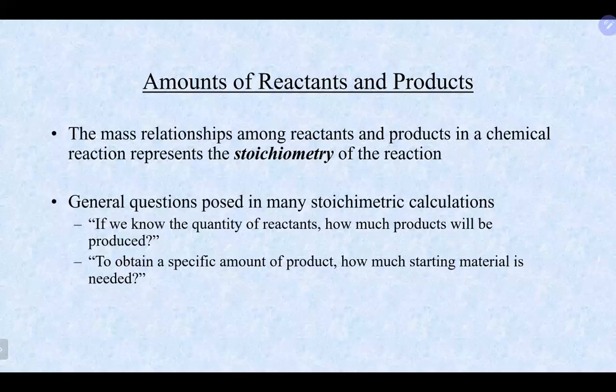Same thing going the other way. If we know how much of one of the products we made, we could back calculate and figure out how much of the reactants we started with. So stoichiometry allows you to answer those questions. It also allows you to figure out the theoretical yield, which we'll talk about, which is really the maximum amount of product you should produce in this reaction if everything went perfectly well.